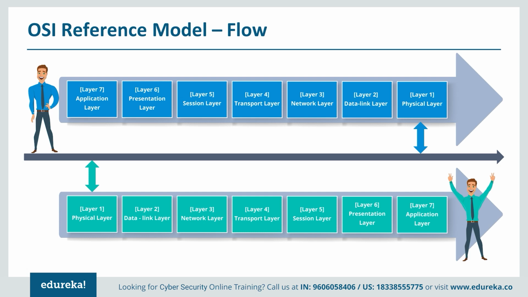For example, if the green person wants to send information, the same hello message will move from the application layer, presentation layer, down to the physical layer, and be passed on to the other person's computer over the physical layer, data link layer, and move up until it reaches the blue person. Even if multiple people and multiple devices are communicating, any number of devices needs to follow the same layers from layer 1 to layer 7, or in reverse order from layer 7 to layer 1.